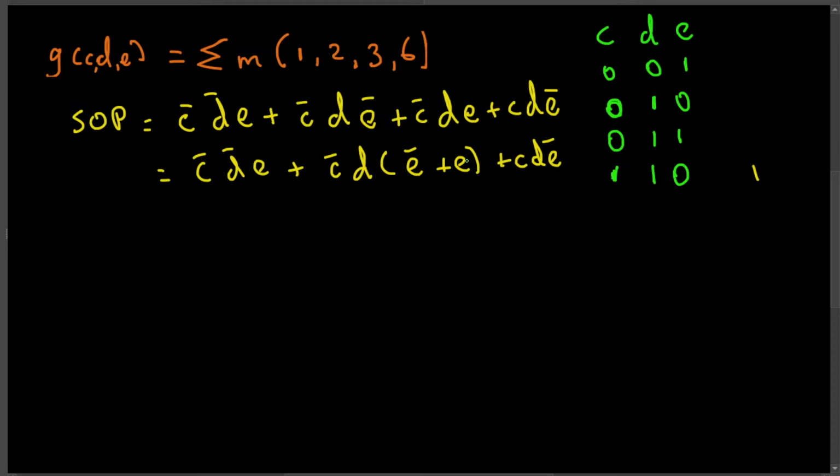And also if you put 0 here, the complement is going to be 1. So in OR gate, we just need a 1 in order to make this one 1. So this whole thing is going to be 1. So C complement D multiply 1, that's going to be C complement D. So this is going to be C complement D complement E plus C complement D, and then plus C D E complement.